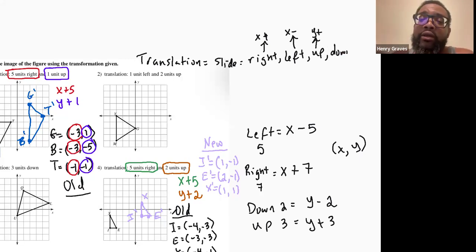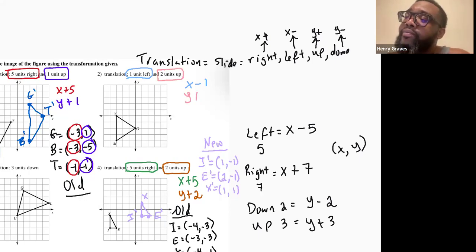So let me do one more and then I'll give it up. So here is going to be 1 unit to the left. So it's going to be x minus 1. Then when I go 2 units up, that's going to be y plus 2. So here my ordered pairs I'm messing with.